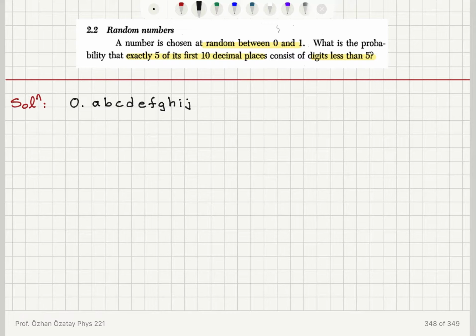So this is the first one, second one, third one, fourth one, fifth, sixth, seventh, eighth, ninth, 10th.